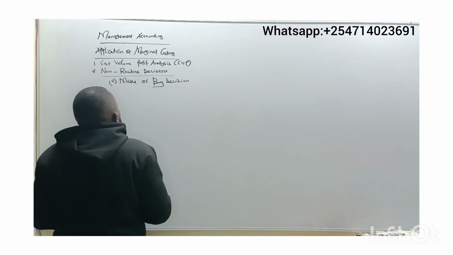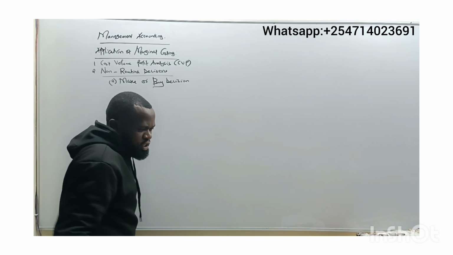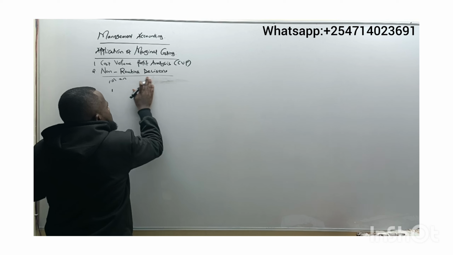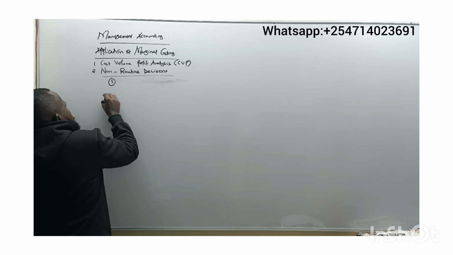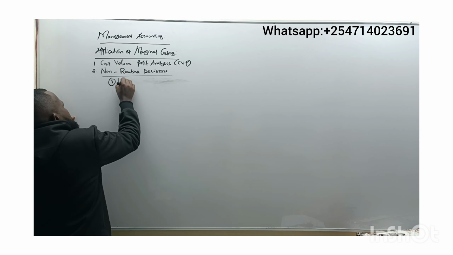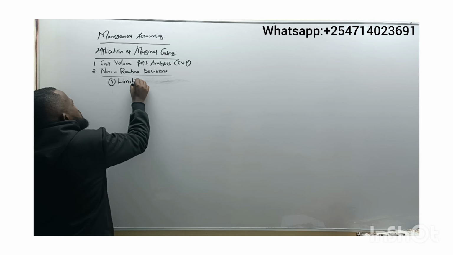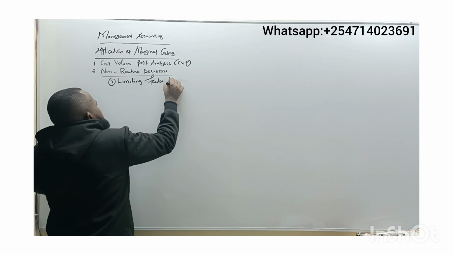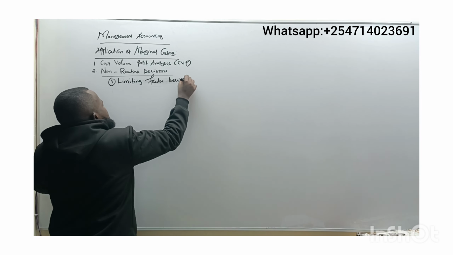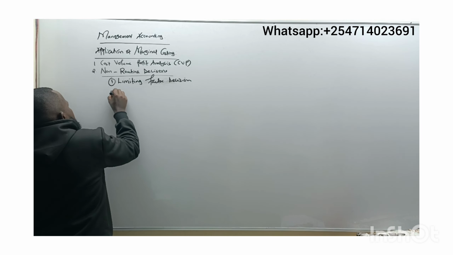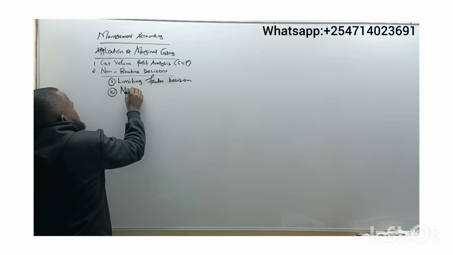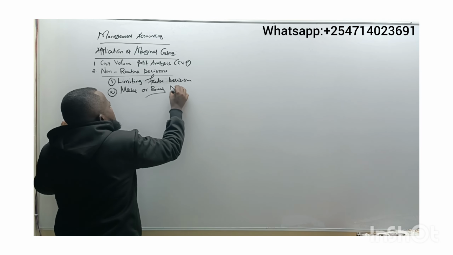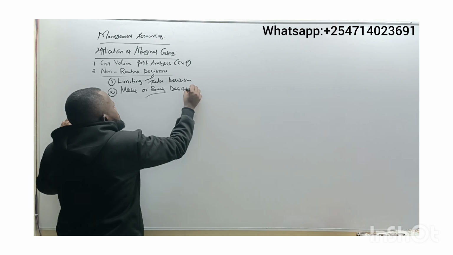We have different non-routine decisions. Make or buy is one. By the way, let me start with number one, the limiting factor decision. There is also the make or buy decision.